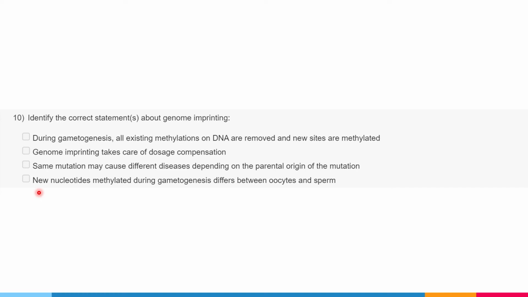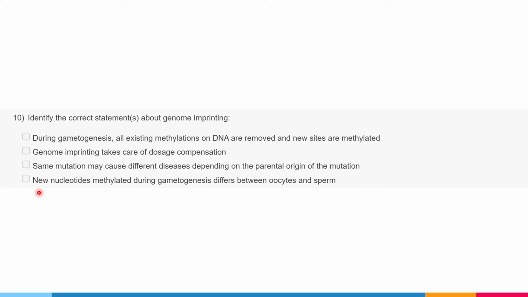Okay, so now we have answers. Nice. Raja says the answers are B and C. Genome imprinting takes care of dosage compensation, and C, same mutation may cause different diseases depending on parental origin of mutation. Kavya says A, C, and D, 3 options.